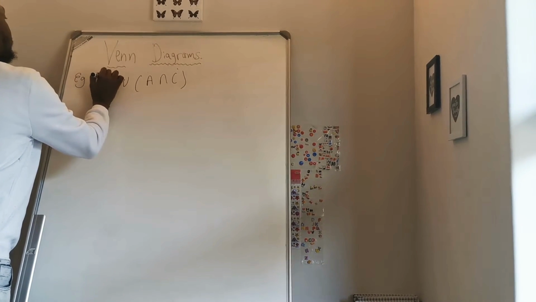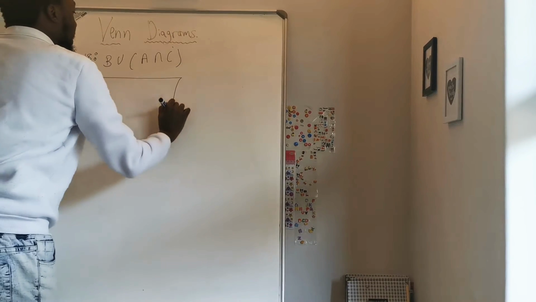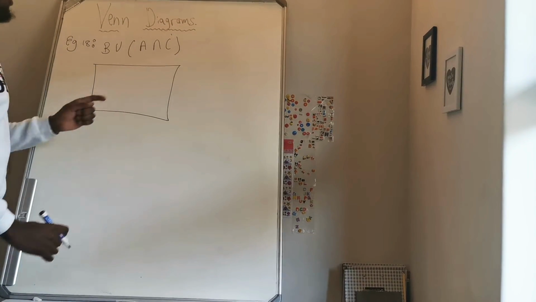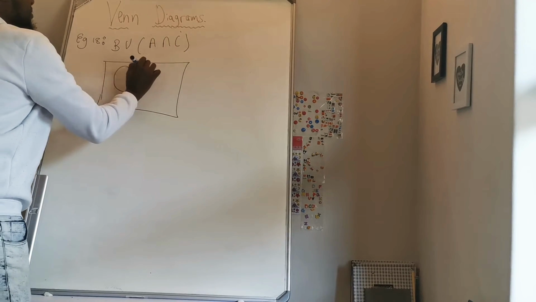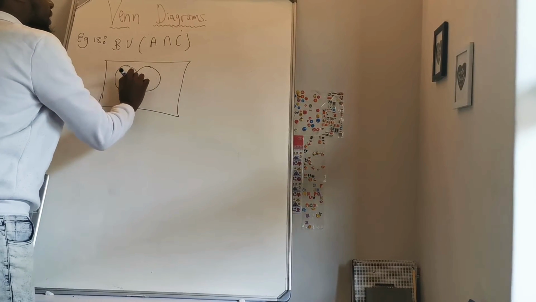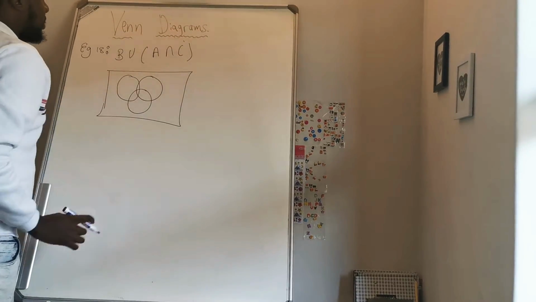Example 18. And how do we draw this? You start with the brackets, guys. Well, I prefer starting with the brackets there. If there's no brackets, then you work from left to right. But if there's brackets, then you start with the brackets.